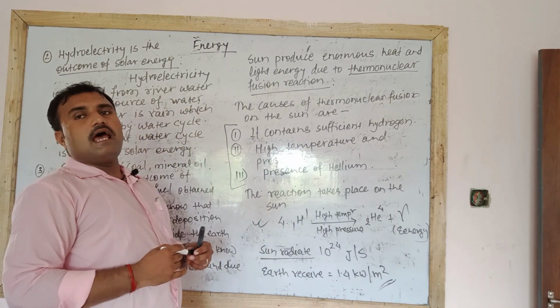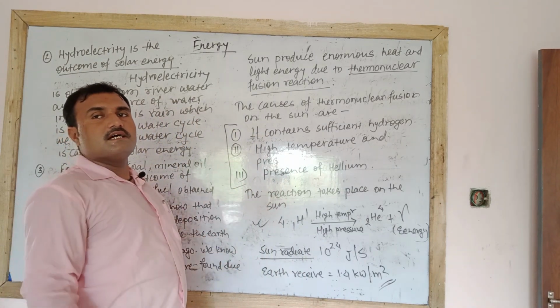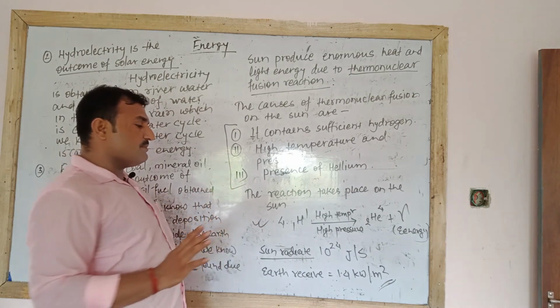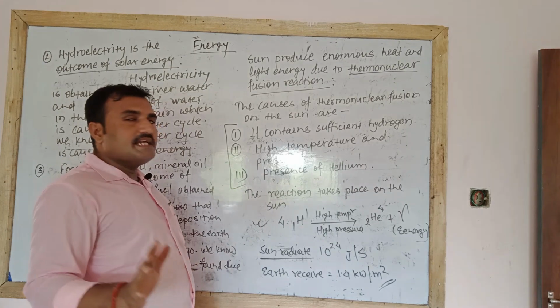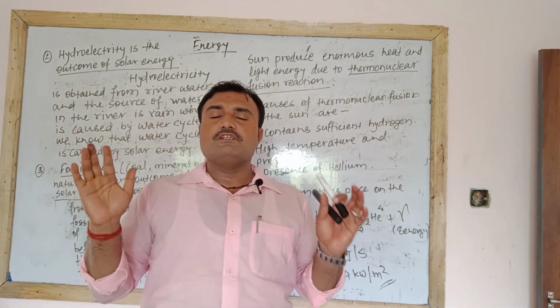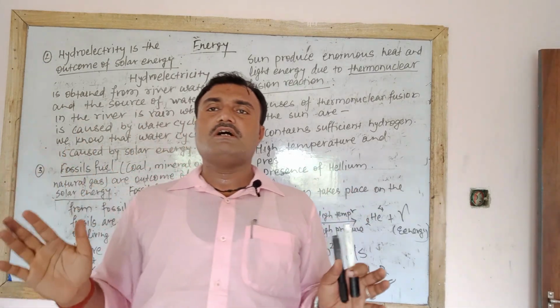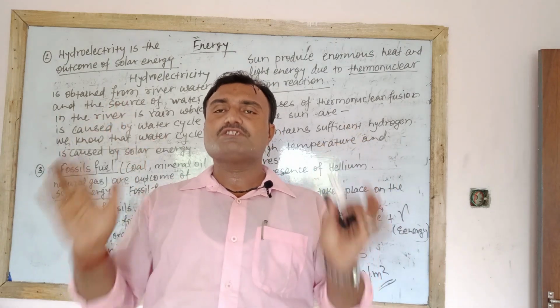That is the average solar energy received on the earth's surface per square meter. And in this way we found that the main source of energy on the earth surface is the sun.